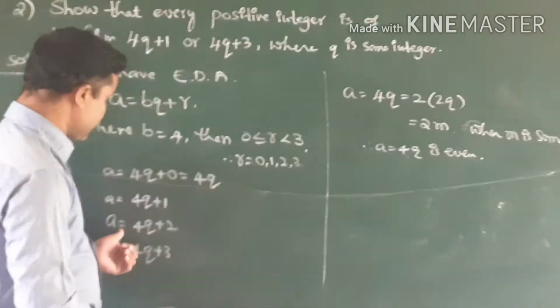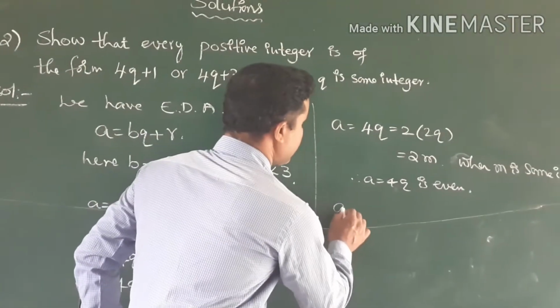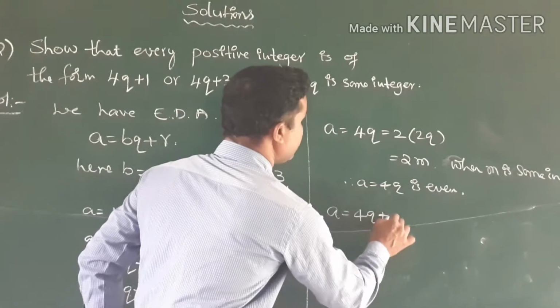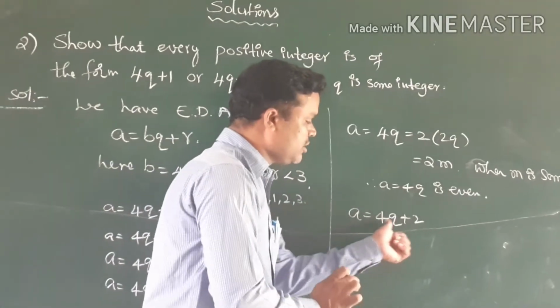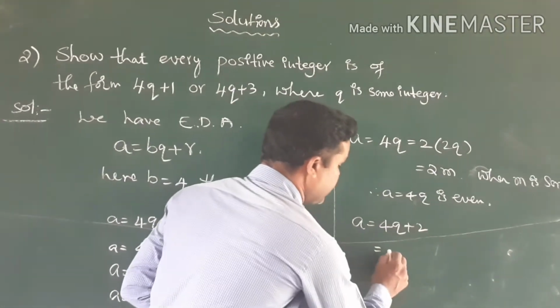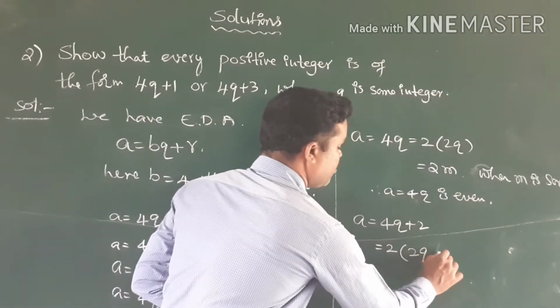Then again let us check the third one: A is equal to 4q plus 2. Here 2 is common, so if you take 2 common, it is 2 into (2q plus 1).